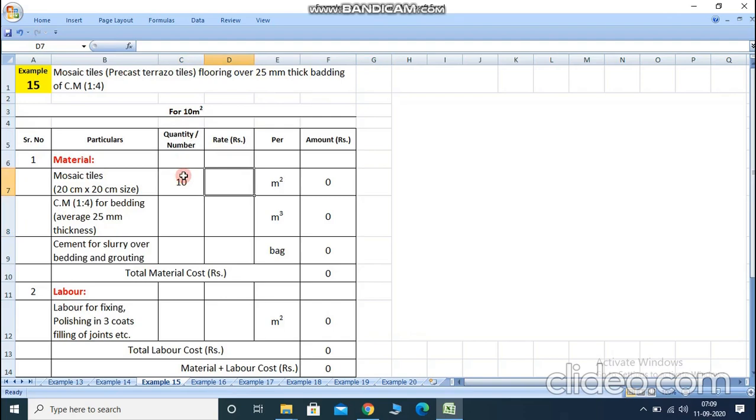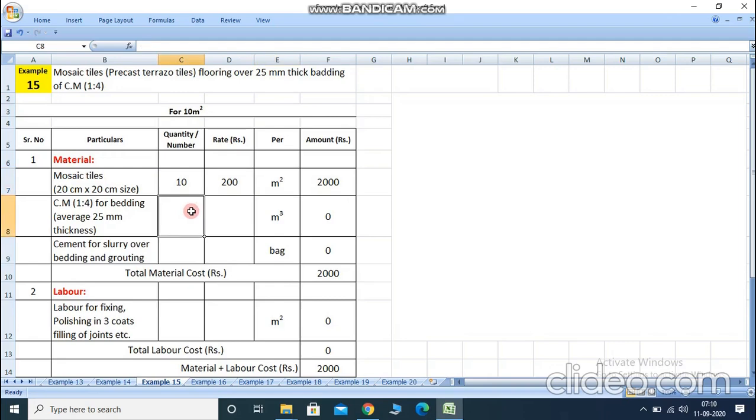Then the rate is 200 rupees per square meter. So the mosaic tiles cost is 10 multiplied by 200, which is 2000 rupees. Then cement mortar of 25 mm thickness.